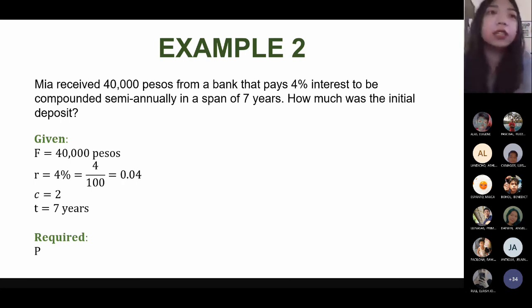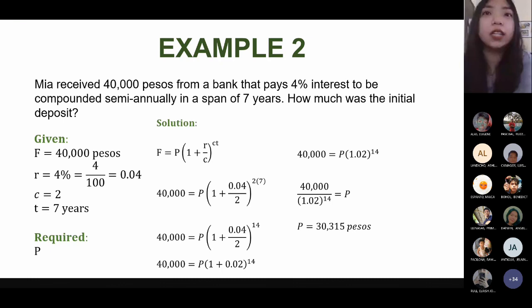For the solution, we can use the formula for the maturity value. Since lahat naman ng components doon except sa ating principal amount ay given, so pwedeng-pwede na natin makuha yung ating principal amount. We have our formula F that is equal to P times (1 plus R over C) raised to C times our time.